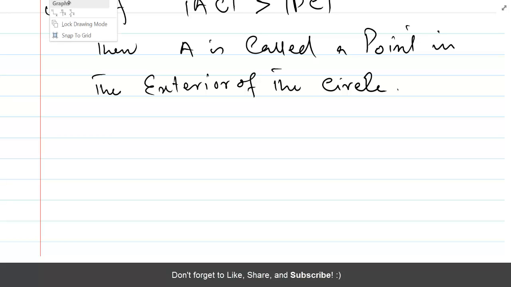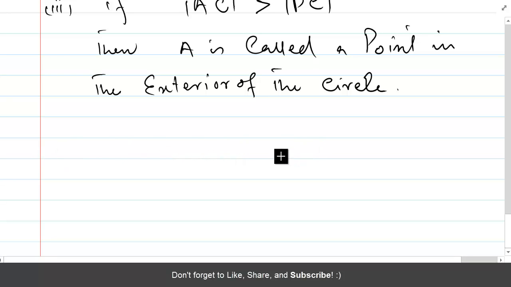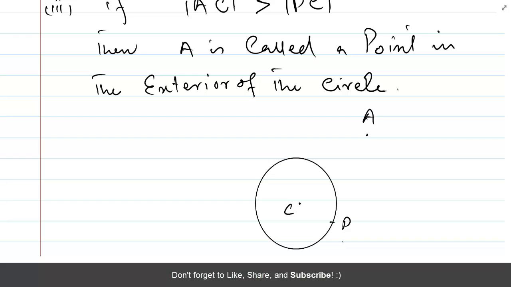For example, if we draw another circle here, and let's say that this is a point A which is outside. So here, of course, if this is C and this is P, the PC distance is smaller and A is a lot bigger distance.